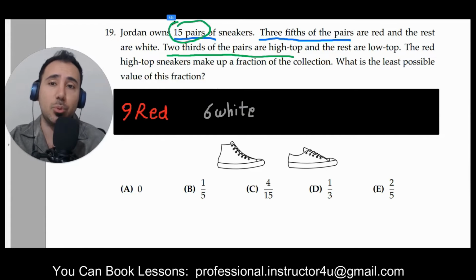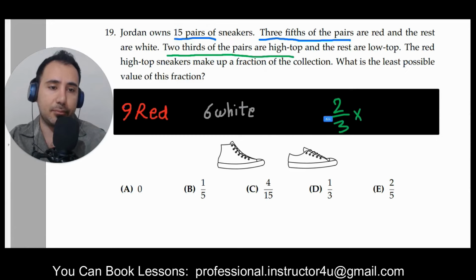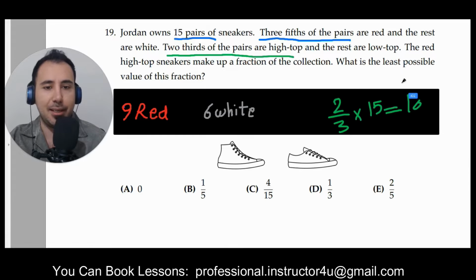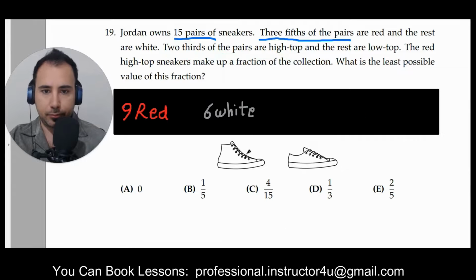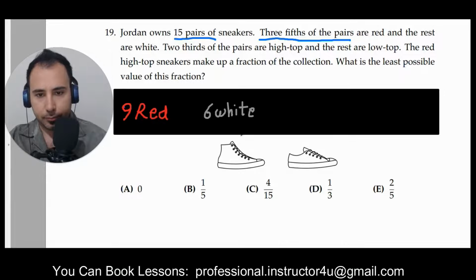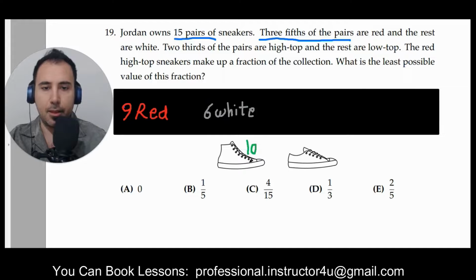So again, 2/3 of 15 is actually 10. You could also draw a diagram like I did. So 10 of them are high top. We have a total of 15, and the rest are low top.